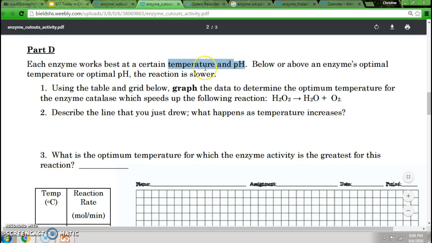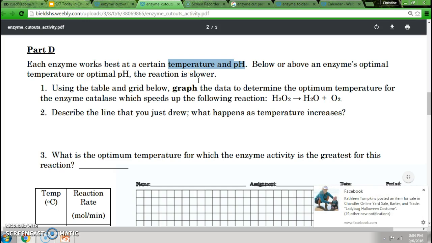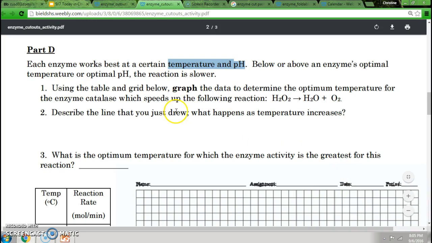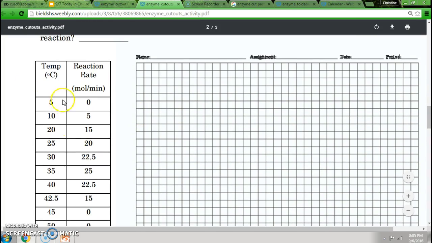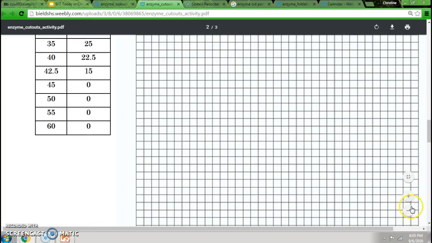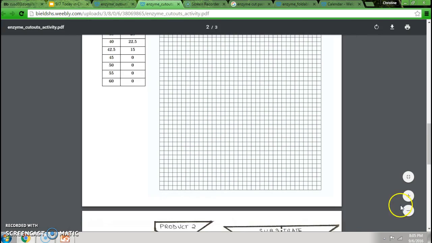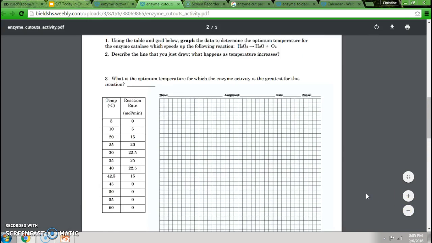So again, denaturing a protein will change the protein site. It won't have that active site. It'll change the shape of it so it won't work. So what you're going to do here is use this information and create a graph based on the information over here. Don't forget to label your X and Y axis appropriately.